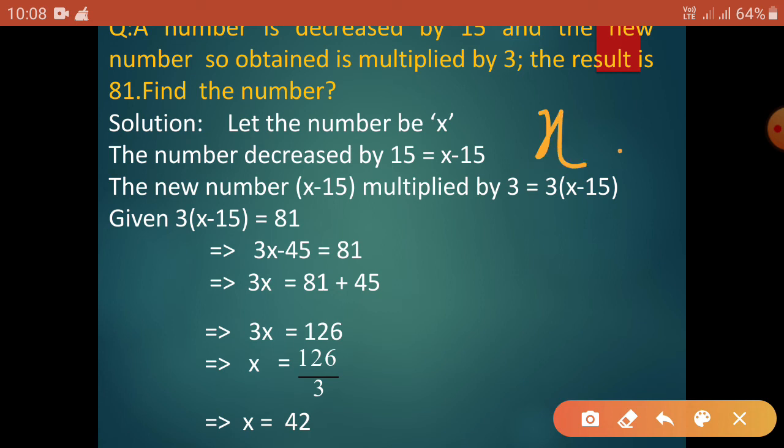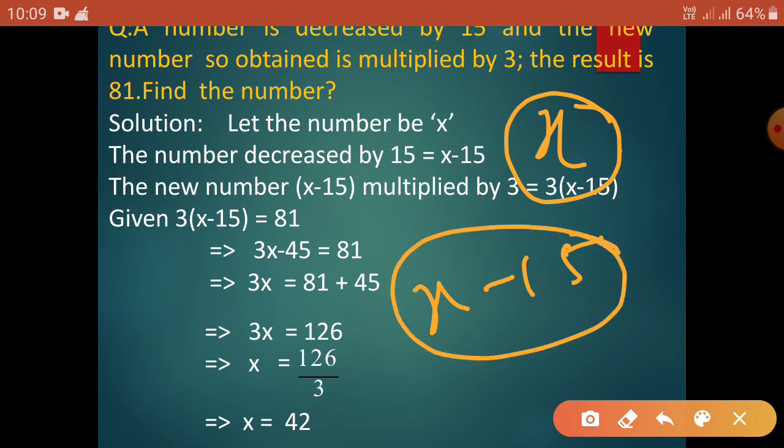Now look at the question. A number is decreased by 15. So what is the number? The number we are taking is x. It is decreased by 15, so how can we write it? We can write it as x minus 15. Then the statement is, the new number, this number so obtained, is multiplied by 3.